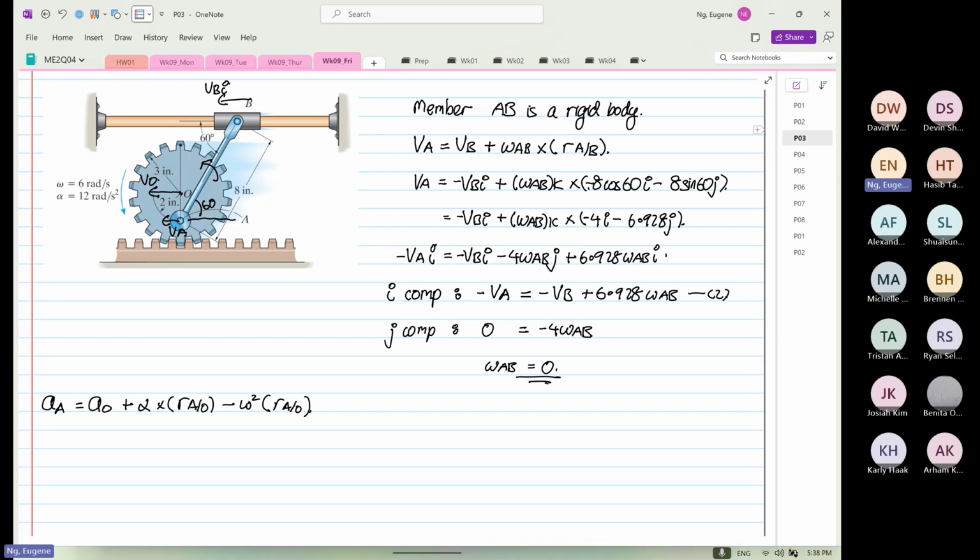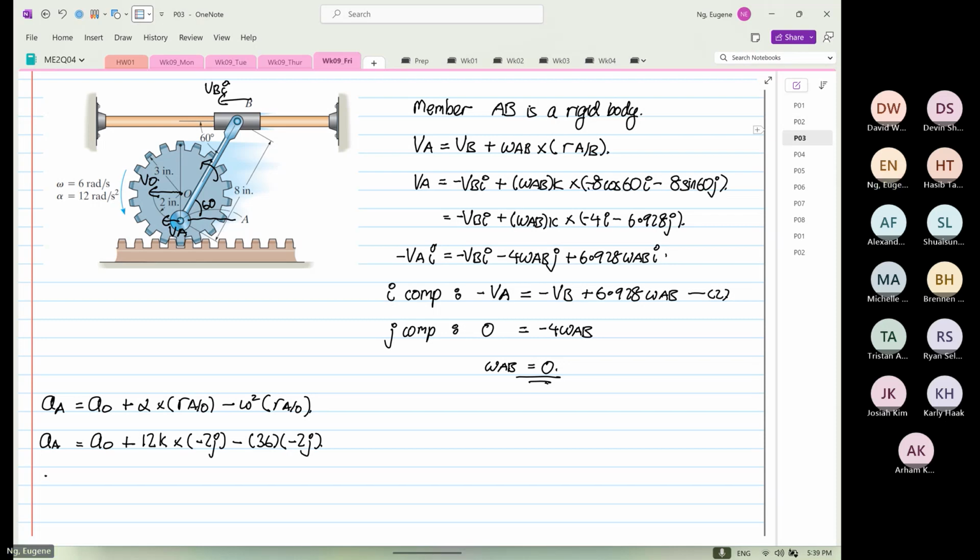So acceleration at point A is equal to acceleration at point naught plus alpha, which is 12k, cross R point A. R from point naught is minus 2j, minus omega squared. So this is 36, right? And then this will be equal to minus 2j, R A from point naught.